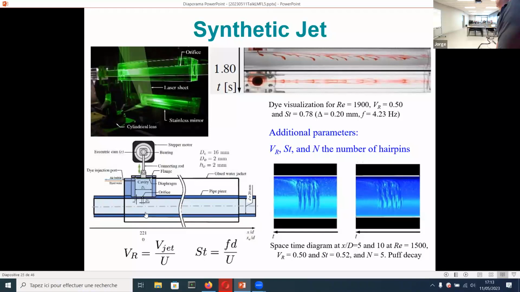And on the top right, I can show you some ink where we have injected these vortices using the synthetic jet actuator. So this disturbance is a little bit more complicated than the single jet, because we need a few more parameters.